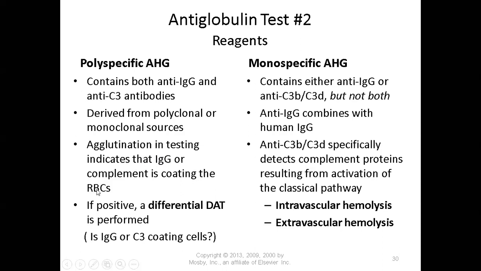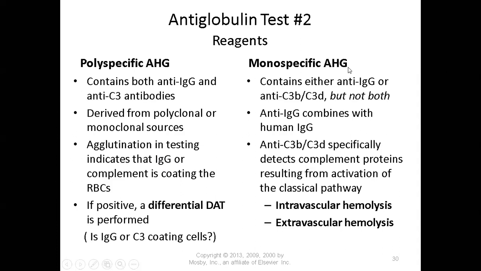It doesn't tell us which one, because one of these has bound to either the IgG or the complement. So when we get a positive test using polyspecific AHG, we then have to go on and do a differential test where we test monospecific anti-IgG and monospecific anti-C3 to find out specifically what's coating those red cells, or what is attached there.